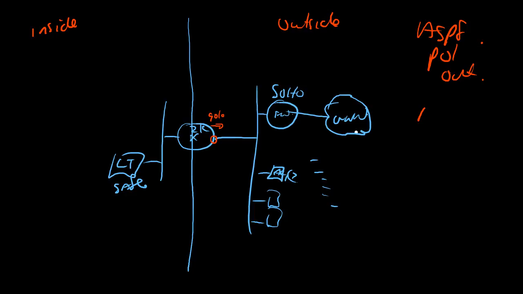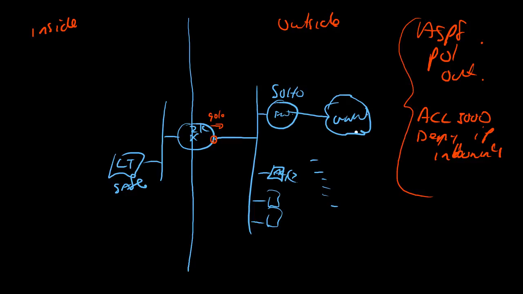So for now, I'm going to run access-list 3000 and deny IP, and apply it inbound on the same interface. So effectively no traffic by itself can come through this network. Then I'm going to create the access list, create the policy, and then bind those two to the interface gigabit 0/0. Those are the three steps required.